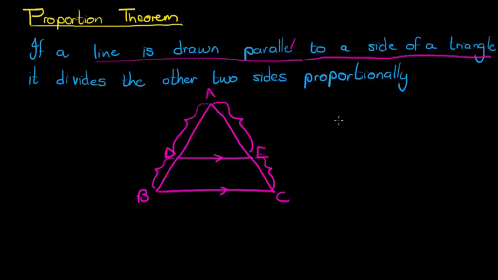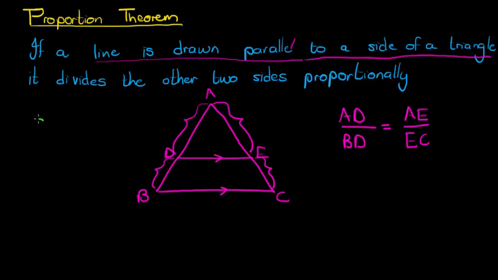In other words, if I take the length AD and divide it by length BD, I would get the same answer as if I take line AE and divide it by EC. In other words, if I take this top divided by that, it would give me the same answer as this divided by that. Now, proportion is all about having the same fraction.